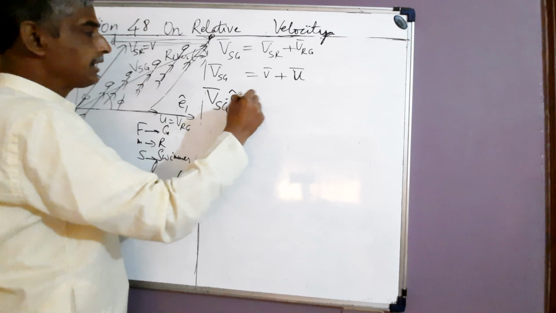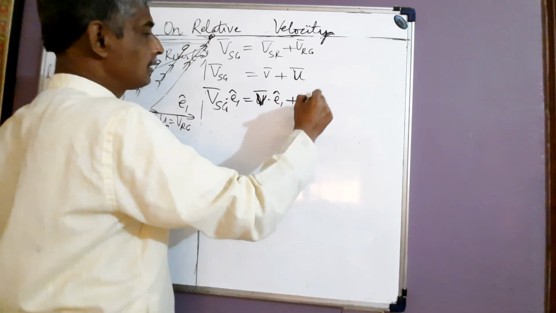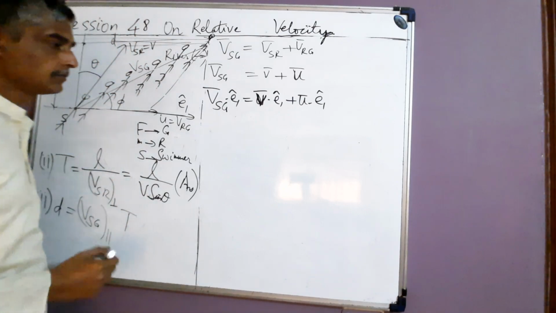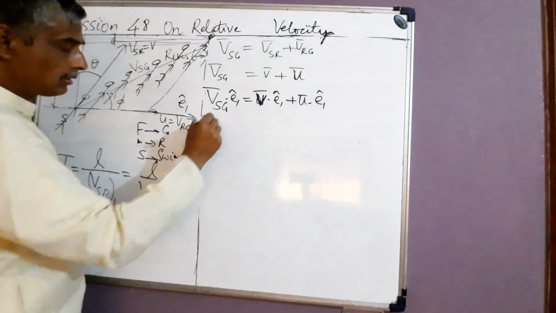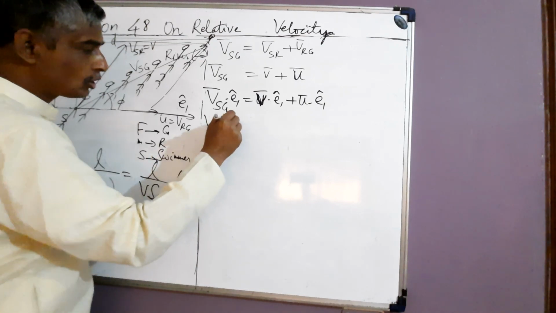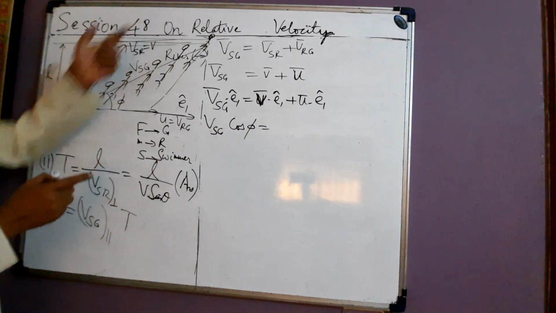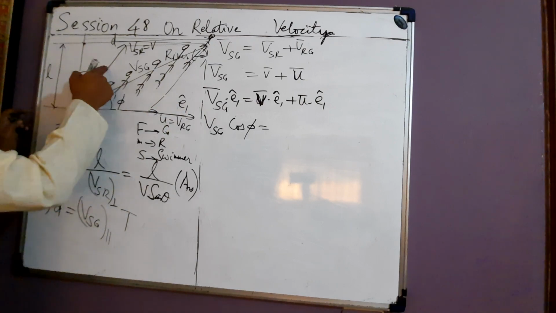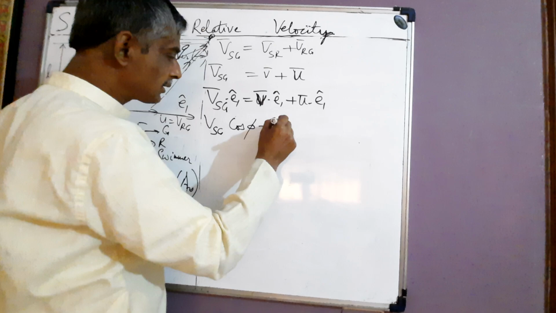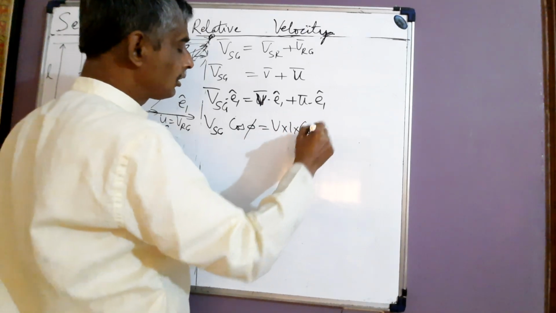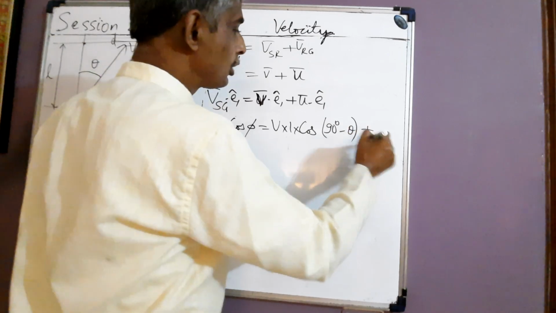VSG dot E1 hat is just equal to V dot E1 hat plus U dot E1 hat. Now what is VSG dot E1 hat? VSG into 1 into cos phi, that is VSG cos phi. What is V dot E1? V is in this way, E1 is in this direction. V dot E1 is simply V into 1 into cos of 90 degrees minus theta, plus U dot E1.